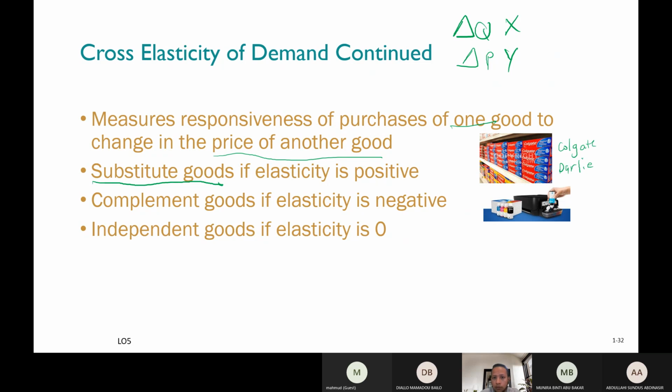If the price of both is the same, let's say $5, then you can have a preference. For example, you prefer Colgate, but now the price of Dali changes from $5 to $3.